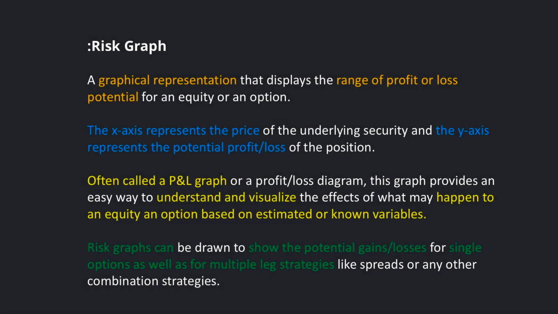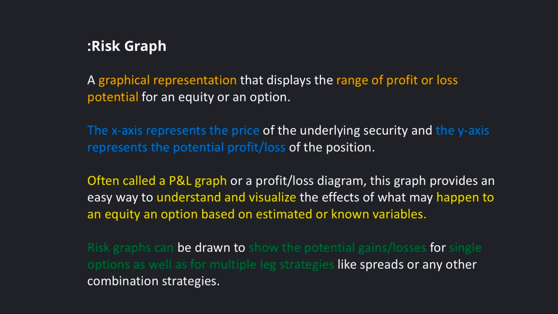Risk graphs are a graphical representation that displays the range of profit or loss potential for an equity or an option position. The x-axis represents the price of the underlying security, and the y-axis represents the potential profit or loss of the position.